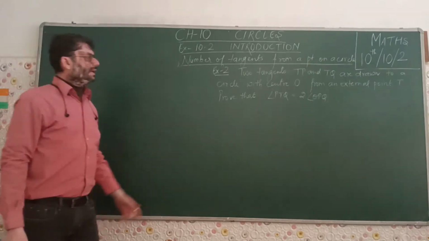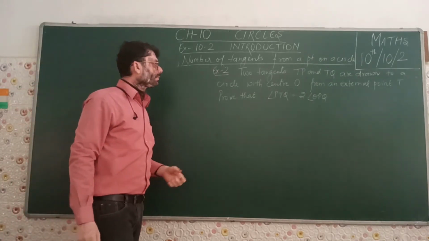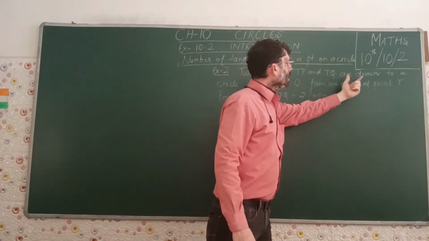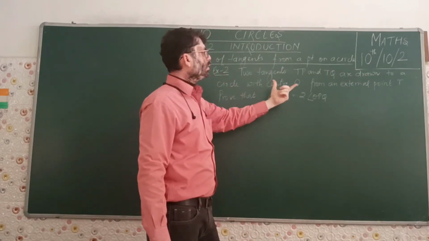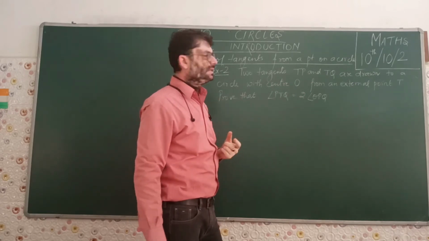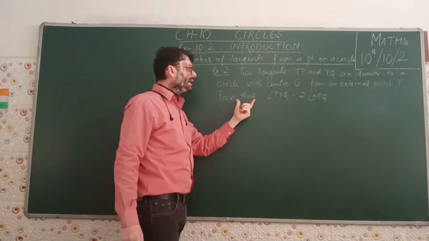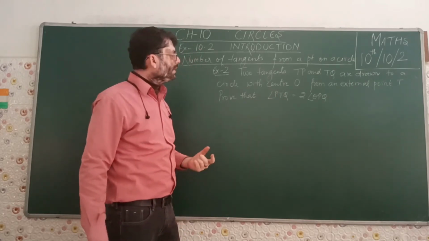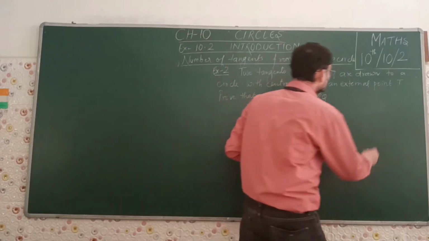Example number 2. Two tangents TP and TQ are drawn to a circle with center O from an external point T. We have to prove that angle PTQ is twice angle OPQ. So let us first draw the figure for that.